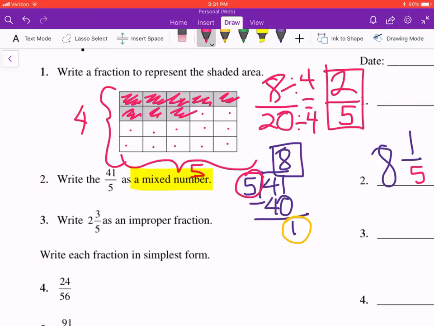Now for the next one, we're going to go from a mixed number to an improper fraction. In this case, we're going to reverse the steps that we did here.